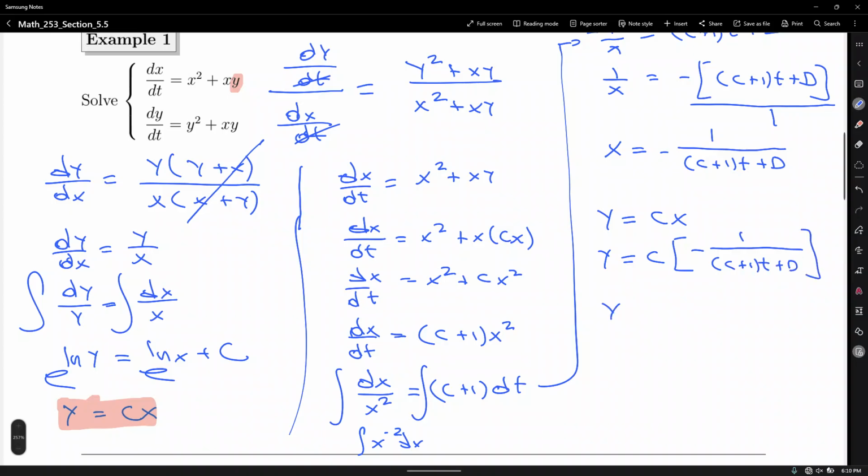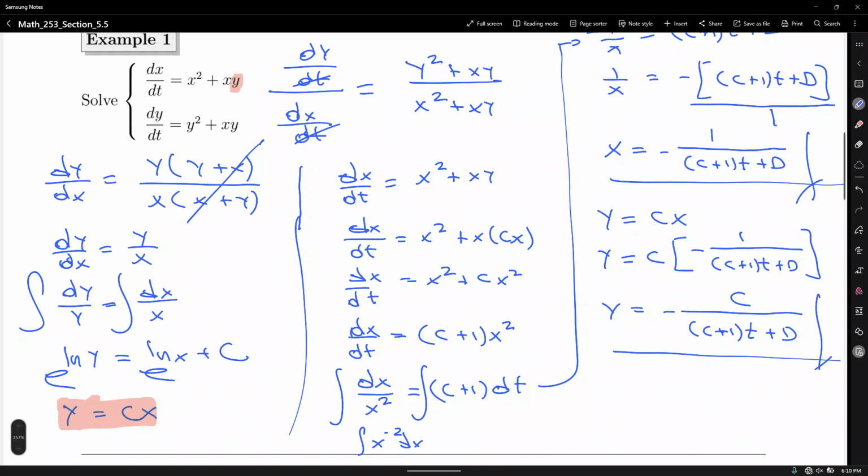Let me just reduce. That's actually the final answer, x equals negative 1 over c plus 1 t plus d. Essentially the same solution, right? And that is the solution to the system.